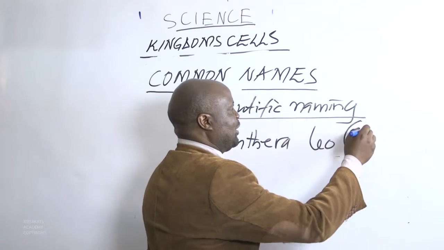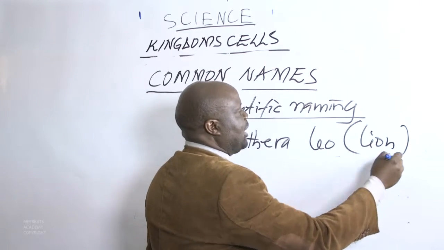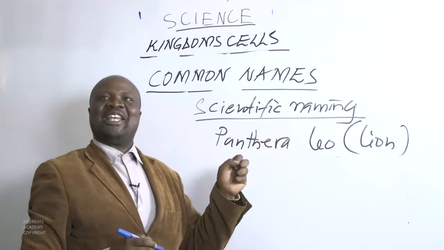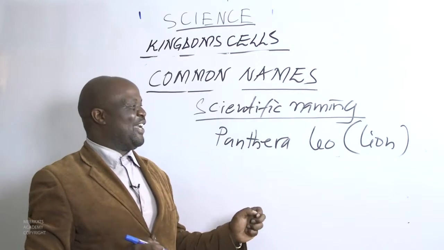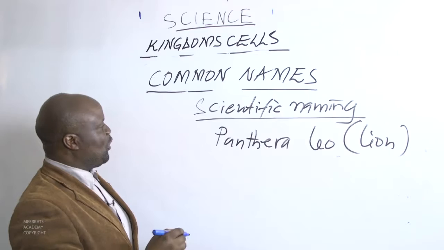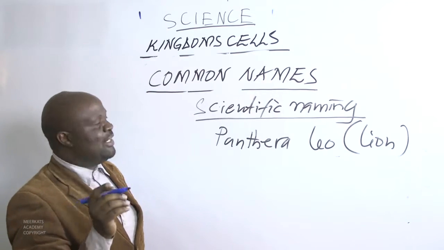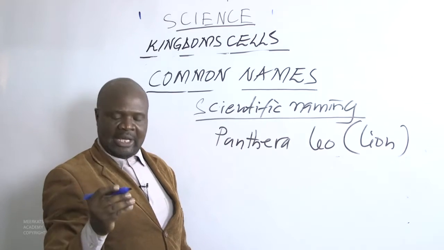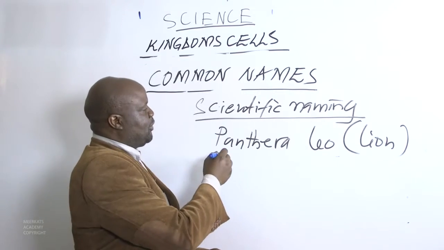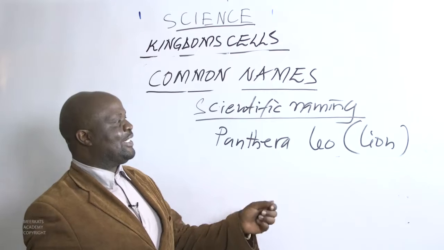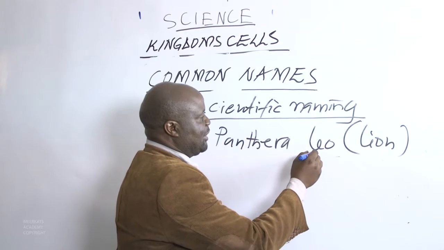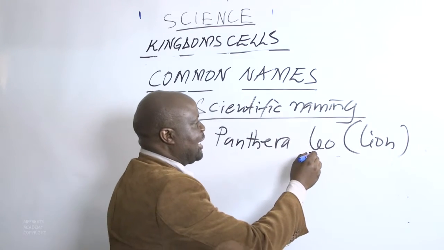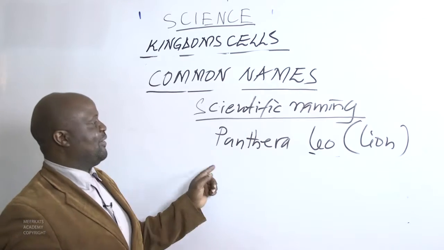This Panthera leo is the scientific name of a lion. When you start writing the scientific name, you start with a capital P, followed by small letters, but when you are writing the second name, which is the species, it has to start with a small letter: Panthera leo.